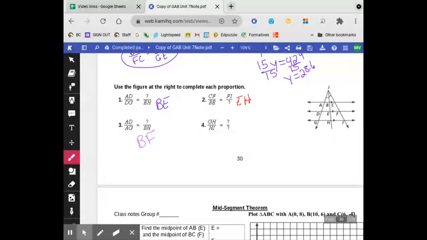So it's GH and HI. So that's going sideways. So I need to take into account a whole part of a triangle, because that's the bottom of a triangle, and that's part of my parallel lines. So the only triangle I could really do there is JG.